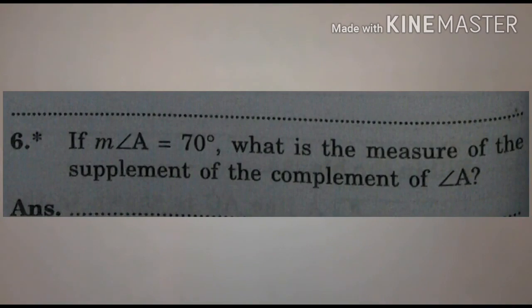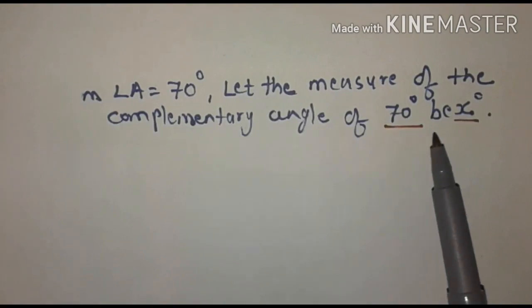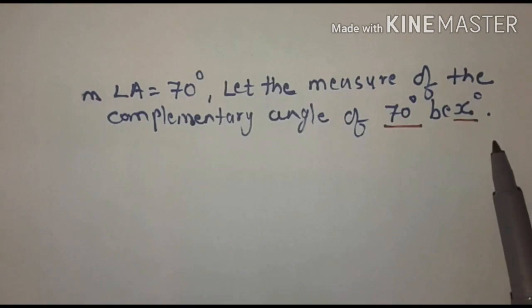If measure of angle A is 70 degree, what is the measure of the supplement of the complement of angle A? First we find the complement of angle A. Let the measure of the complementary angle of 70 degree be x degree. One is 70, another we don't know, so we have taken x degree.